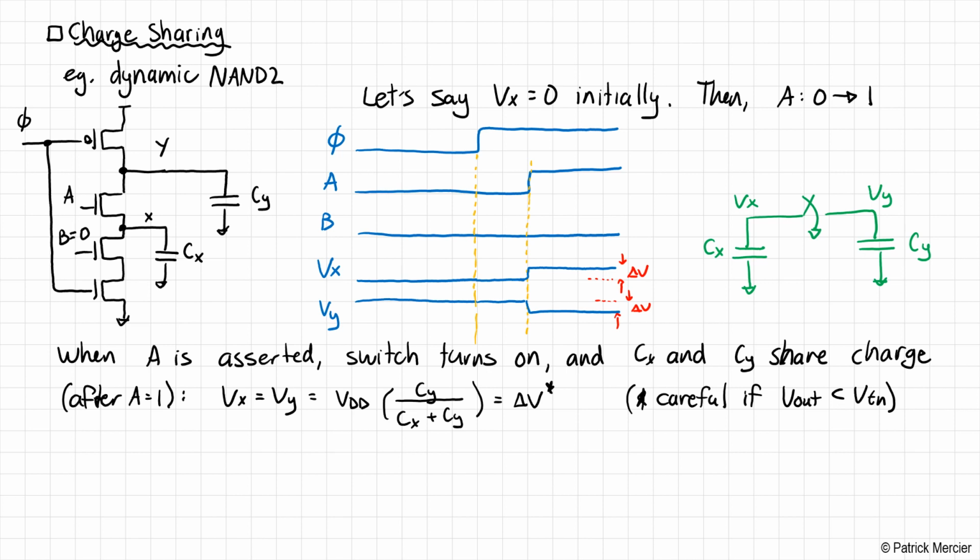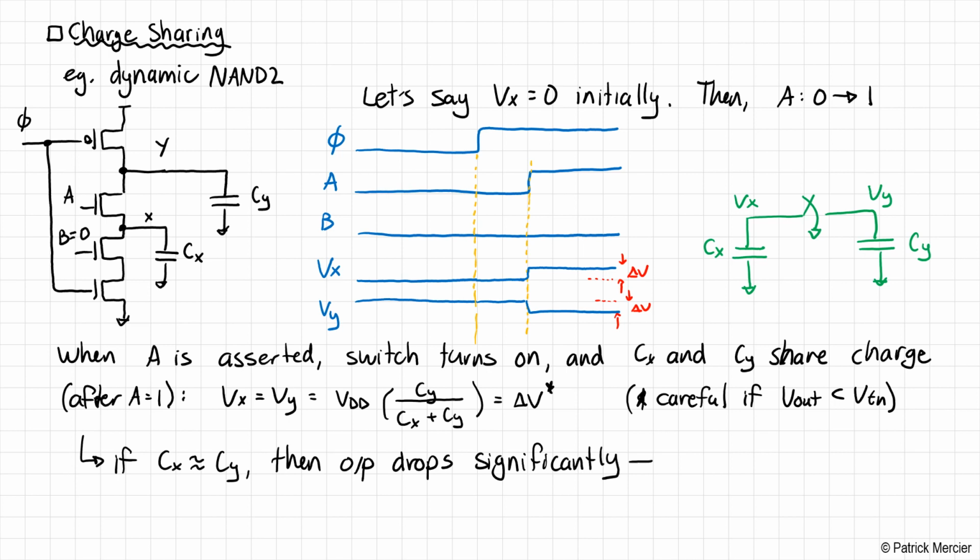All right. So it turns out that if Cx, the value of the parasitic capacitance, is approximately equal to Cy, which is not a crazy assumption, then the output drops significantly. All right, possibly to the point where it may no longer be a logic 1, at which point we have a disaster.